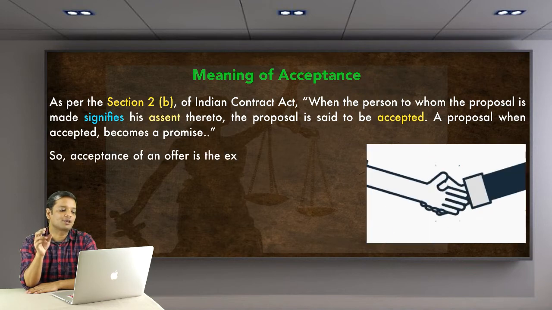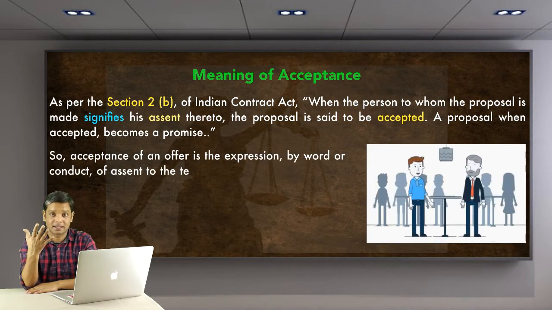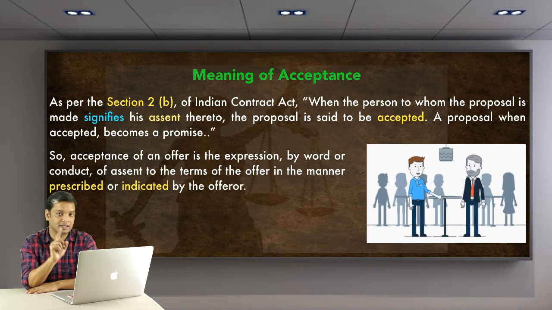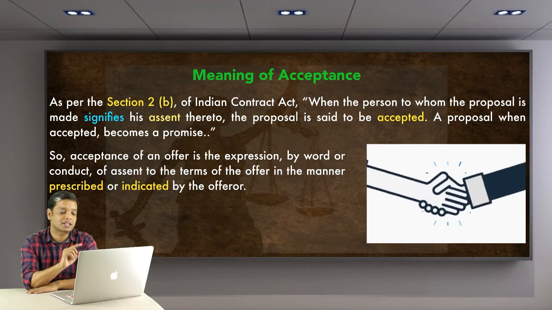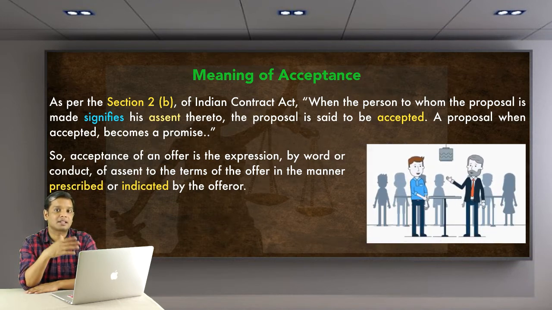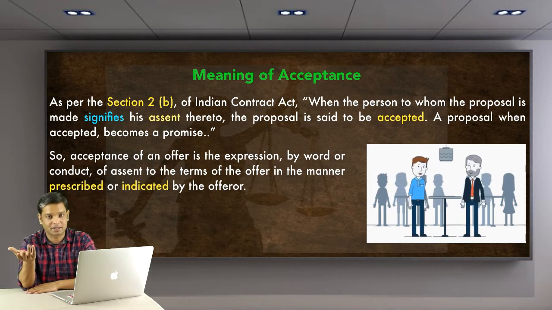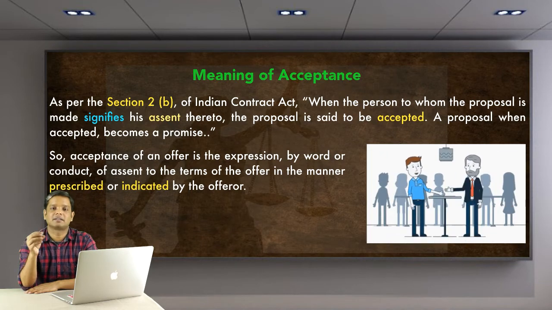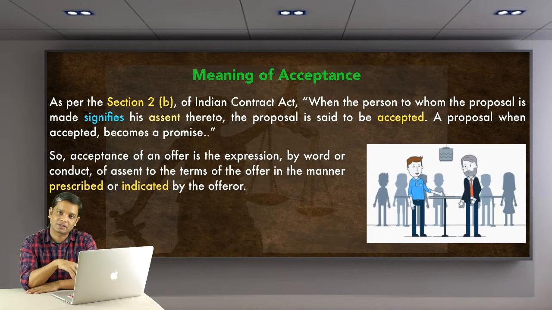So acceptance of an offer is the expression by word or conduct. Just focus here, we will be discussing it and we need to understand this. By expression, we have discussed expressed offer, so similarly expressed acceptance. If you say yes or you have written your acceptance, that is expressed.